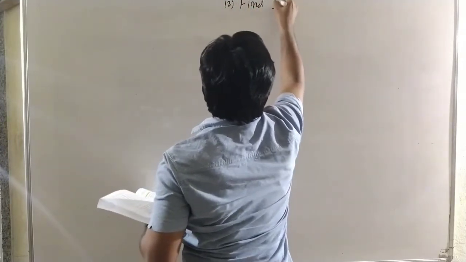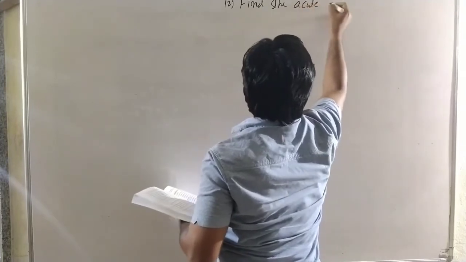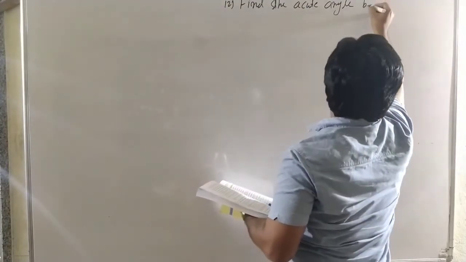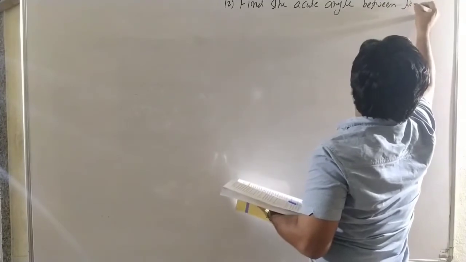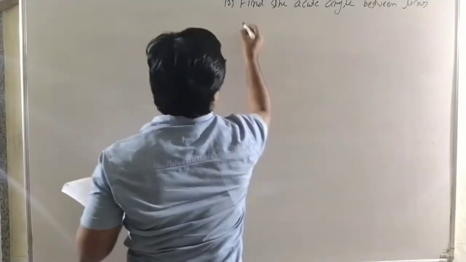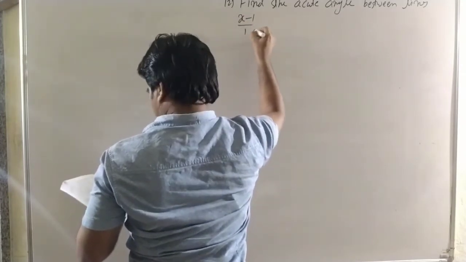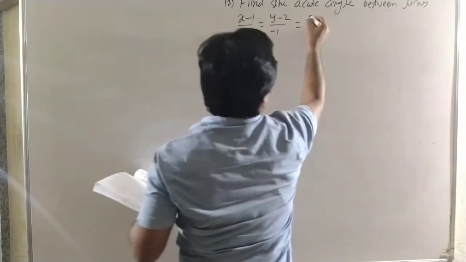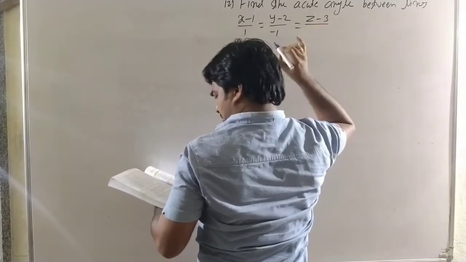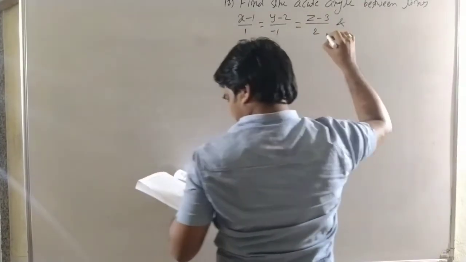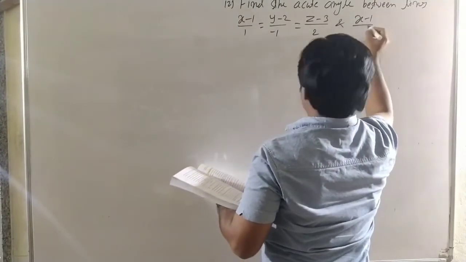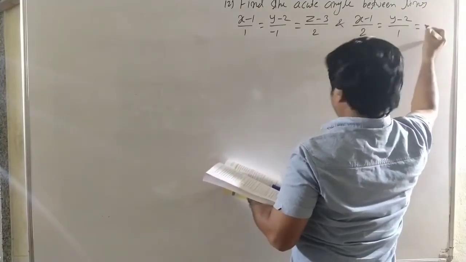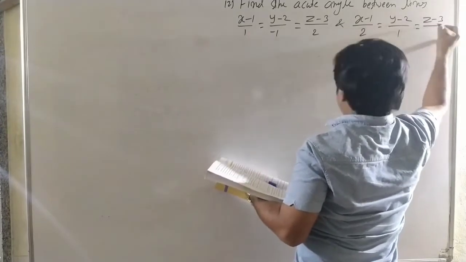Find the acute angle between the lines (x minus 1) upon 1 is equal to (y minus 2) upon minus 1 is equal to (z minus 3) upon 2, and (x minus 1) upon 2 is equal to (y minus 2) upon 1 is equal to (z minus 3) upon 1.